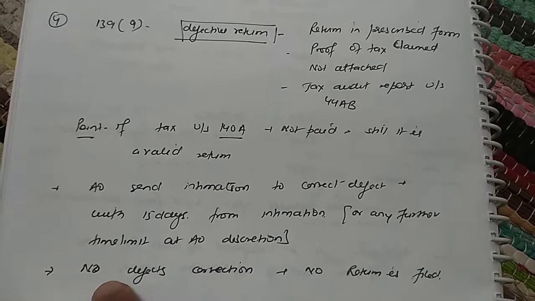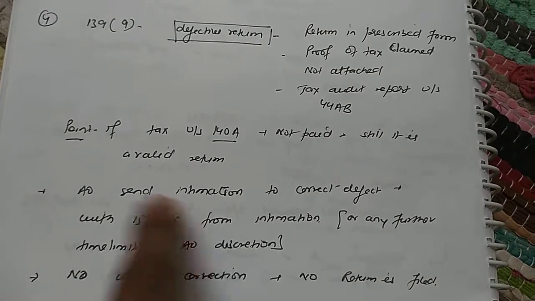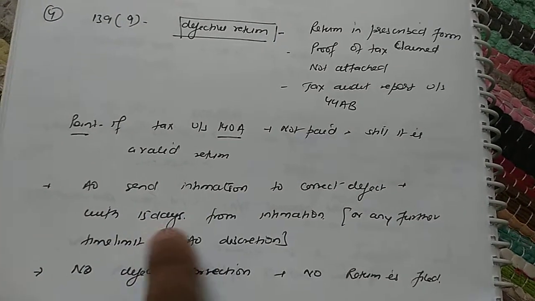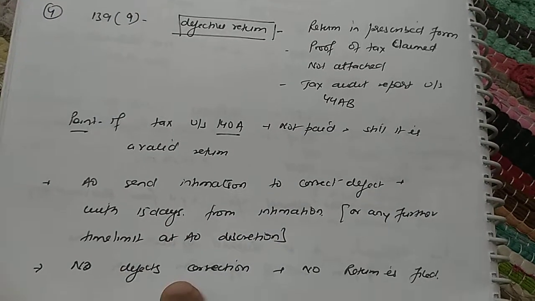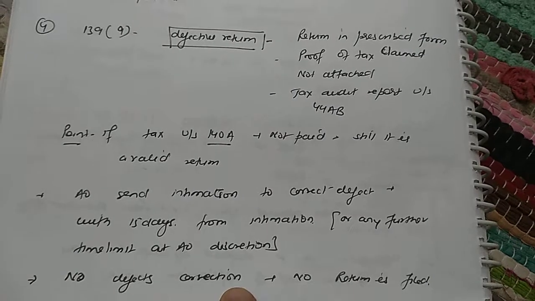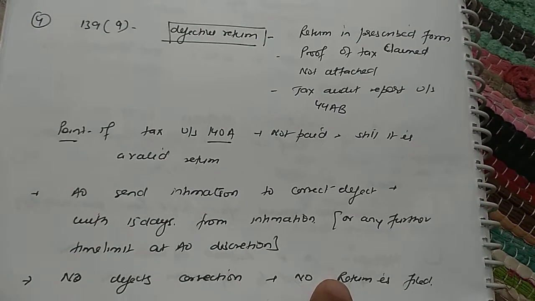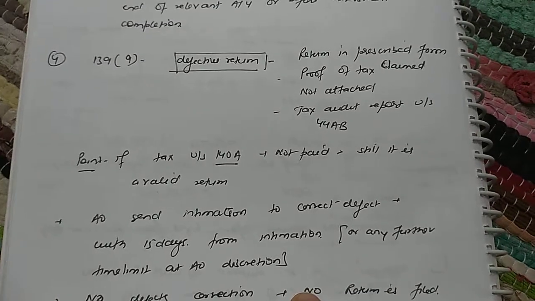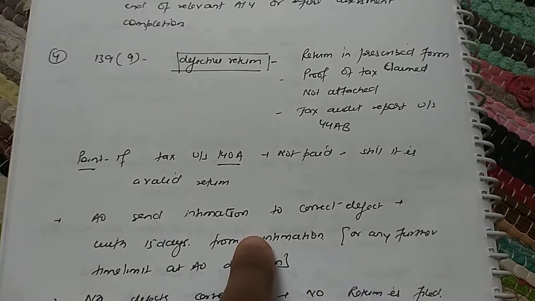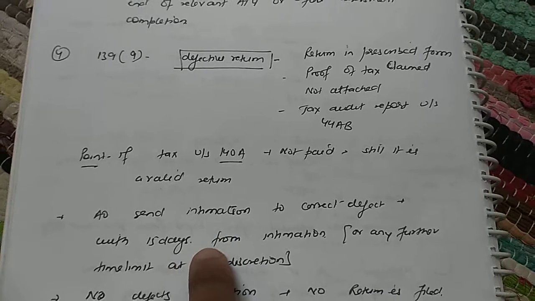And if the defects intimated by the AO are not corrected within the timelines mentioned in that intimation, then it shall be treated as though no return has been filed by that taxpayer. So the taxpayers need to correct those defects within the time frame mentioned in that intimation.